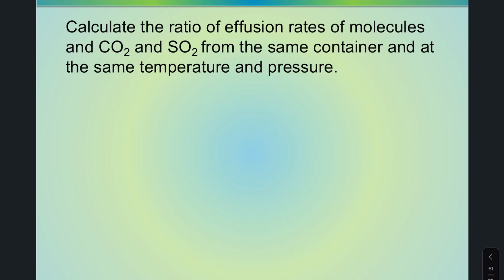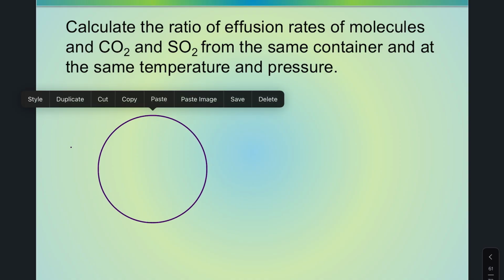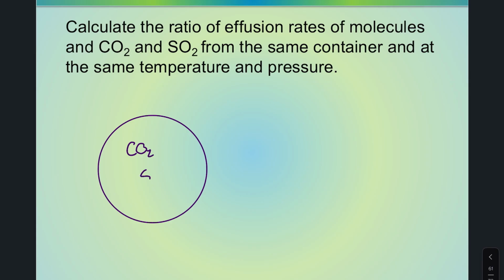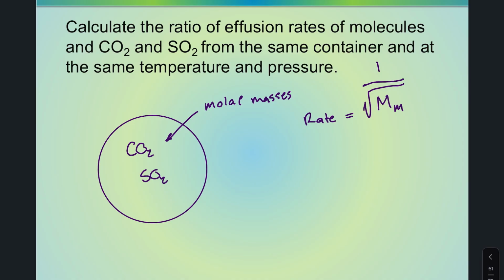And so if we want to calculate the ratio of effusion rates of molecules, let's say that we have a container like so that has CO2 and SO2 in it. The only thing we really need to know is the molar masses, because the rate of effusion is going to be equal to the molar masses divided by the molar masses.